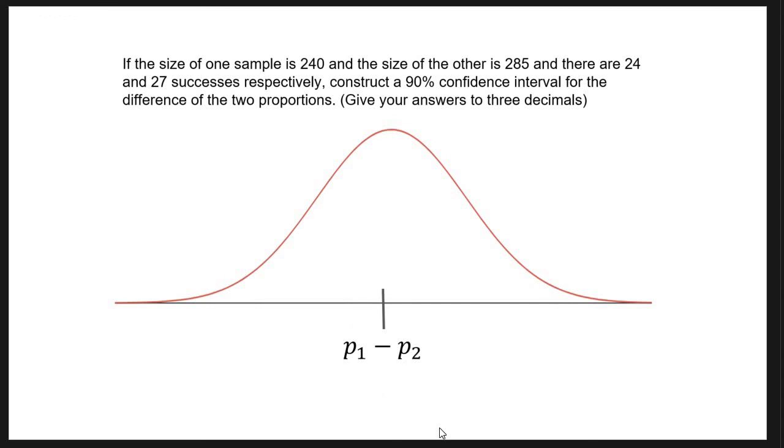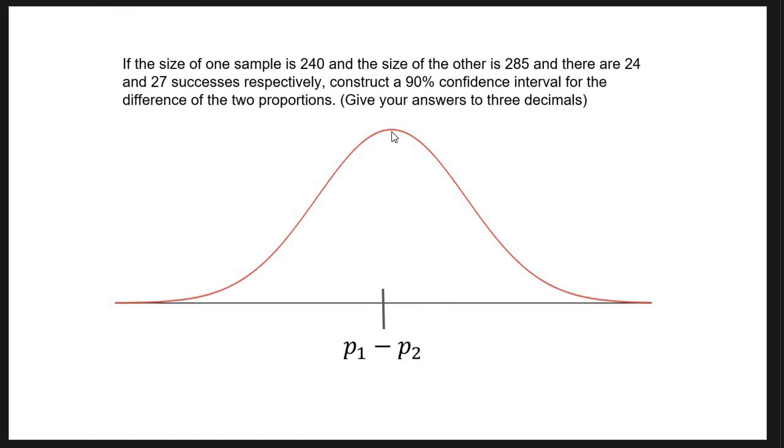Now, if you remember about sampling distributions, if you take a bunch of those sample statistics and create a histogram, you get what's called a sampling distribution for that statistic. The sampling distribution for P1 hat minus P2 hat would be centered at P1 minus P2, the population parameter.